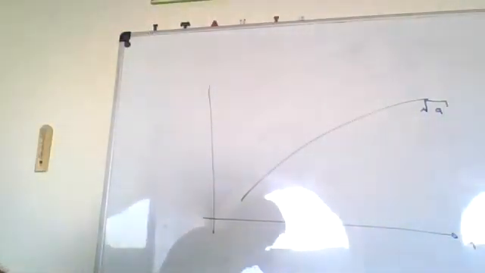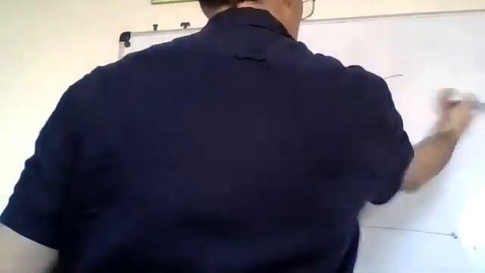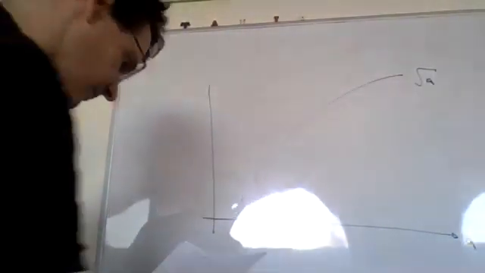Then you have your values. Well, gamma 0 is 1, right? And then 2.